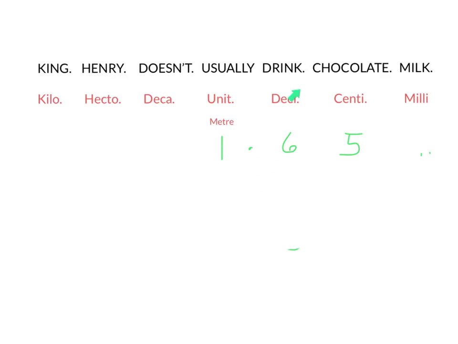All you have to do is look here and you say, okay, 1.65 metres is the same as 165 centimetres. If you don't particularly like using this and get confused, then when they ask you to change metres to centimetres, think to yourself that's 2 jumps. So my decimal point has to jump 2 jumps. And when it jumps 2 jumps, I get 165.